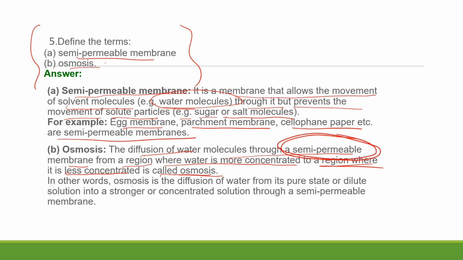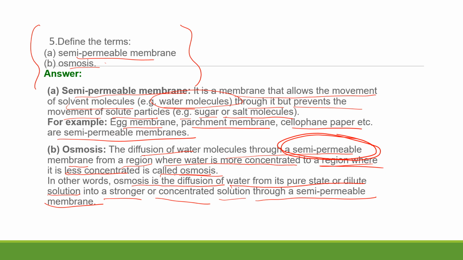In other words, osmosis is the diffusion of water from its pure state or dilute solution into a stronger or concentrated solution through a semi-permeable membrane.